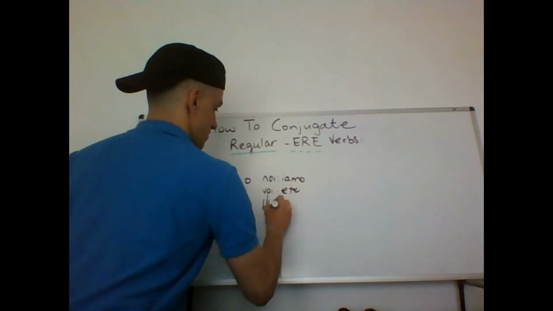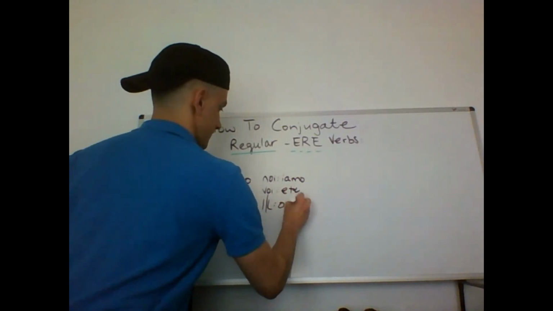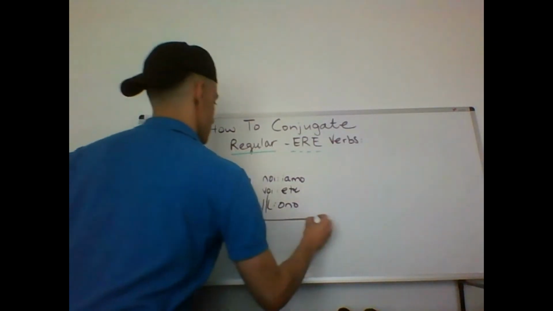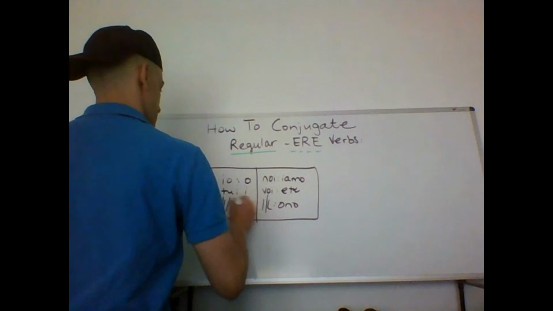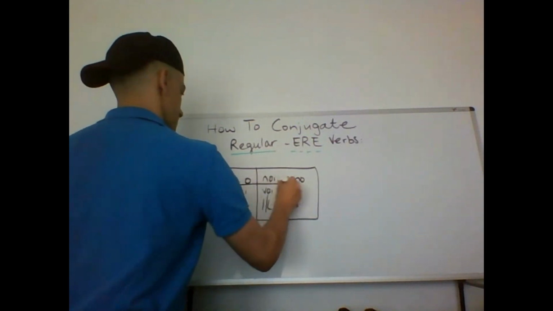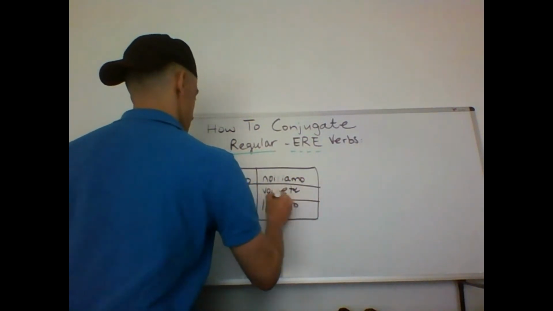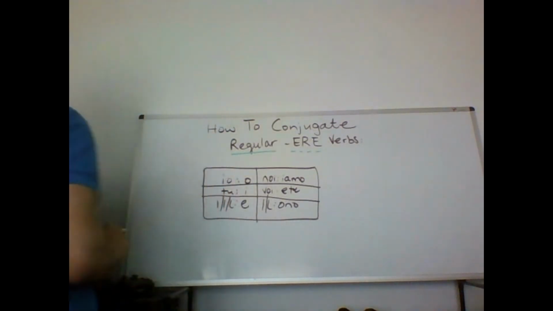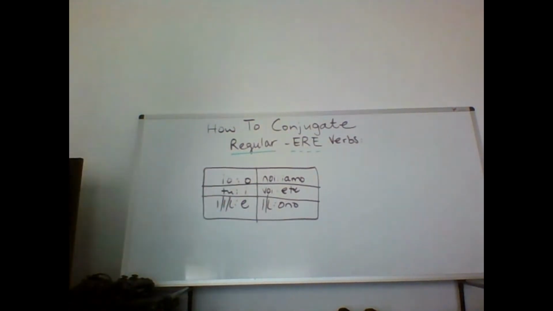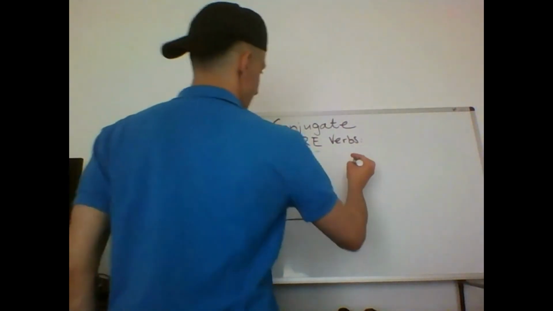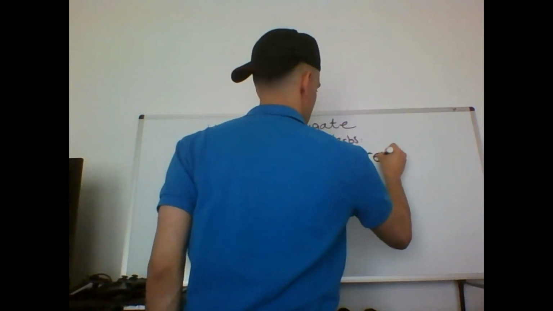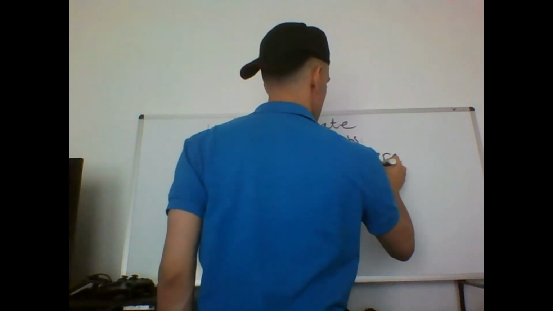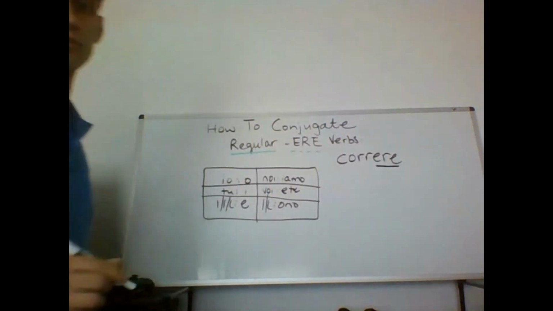For loro, end in ono. So now that we have this little table, right, there's our table. So we have the verb right here in its regular infinitive form. Correre, to run.